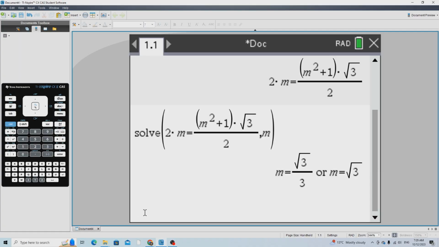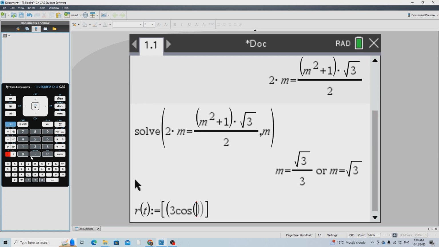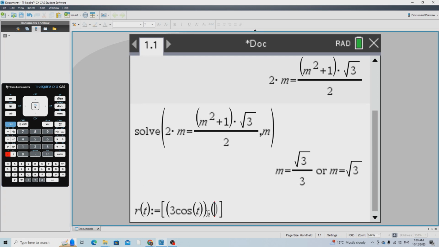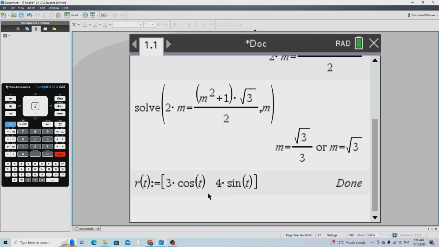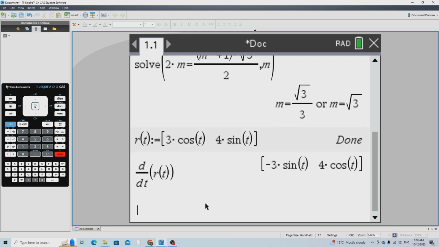So we're going to say r of t. In this case, it's going to be 3 cos of t, 4 sine of t. Enter. So finding the derivative in terms of time, we get this, and we want to find the magnitude, which is the norm.